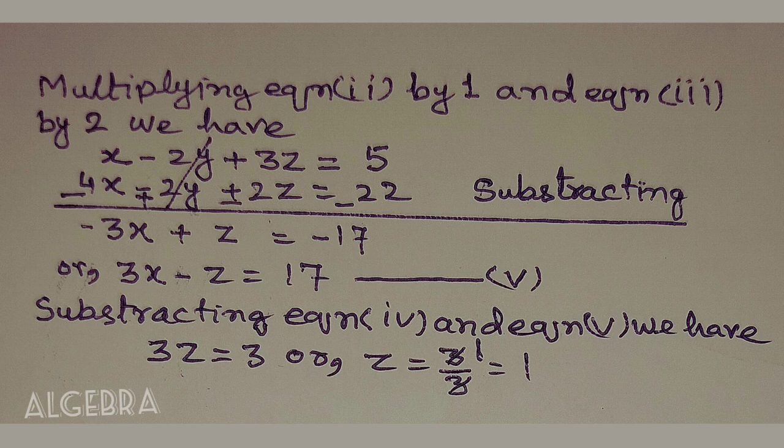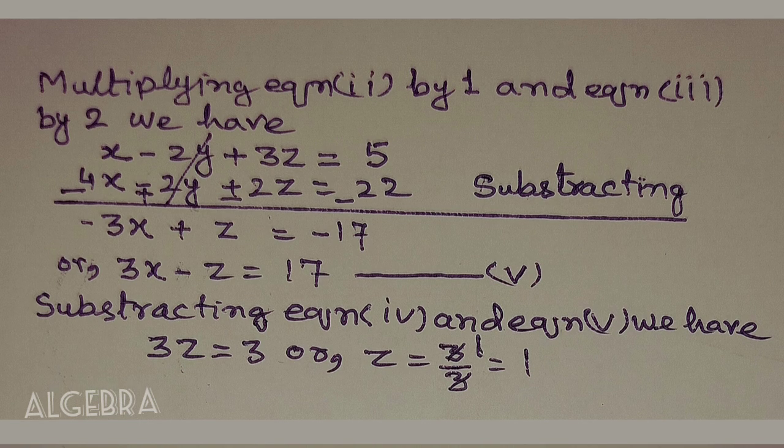Subtracting, minus 3x plus z is equal to minus 17, or 3x minus z is equal to 17, equation 5. Subtracting equation 4 and equation 5, we have 3z is equal to 3, or z is equal to 3 by 3 is equal to 1.